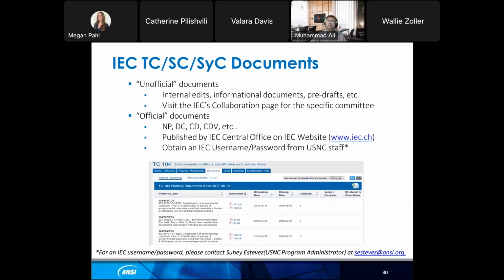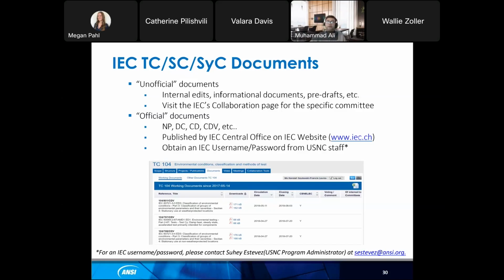And then the official documents are the ones that are actually posted onto the IEC platform itself, and these are accessible through the IEC website. If you are already participating in IEC activities, you notice that they go by stage codes: NP, DC, CD. Each one of them has a meaning associated with it, where, for example, NP means new proposal, DC is for document for comment, CD is for committee draft, and so on, right?